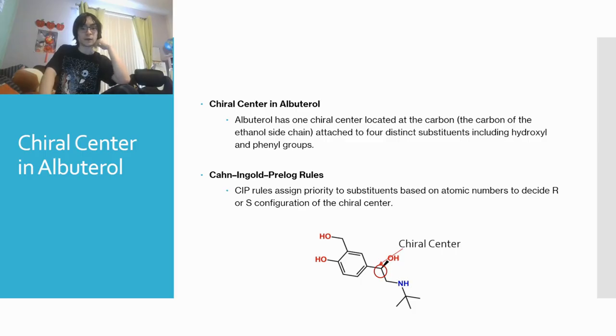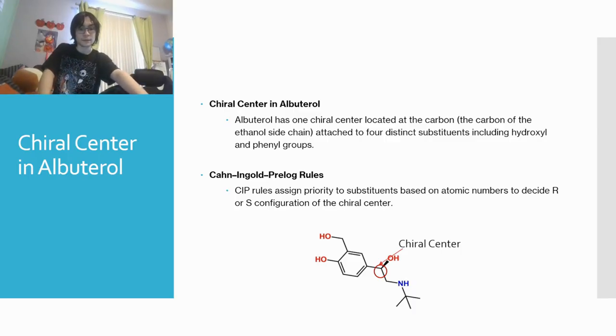The highest priority is the hydroxyl group, because oxygen has the greatest atomic number among the atoms attached here. The second priority goes to the phenyl ring, because that carbon is directly bonded to other carbons. The third is the methylamine side, the bottom one here.